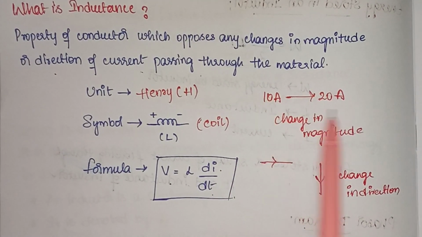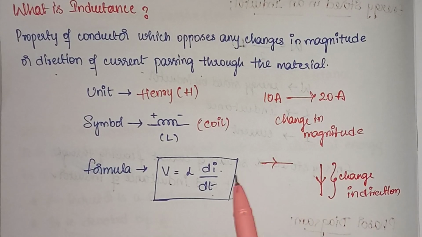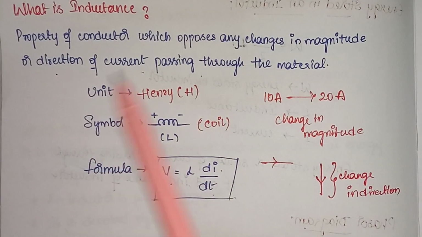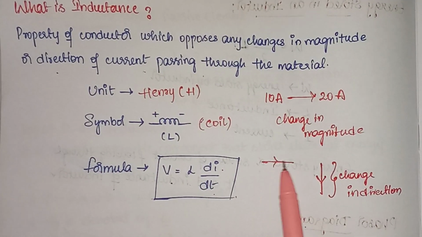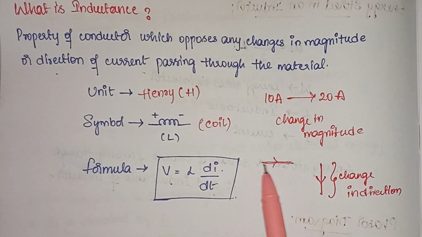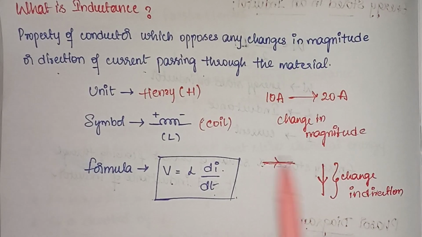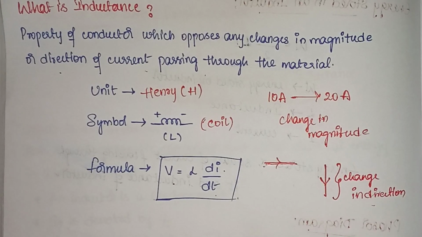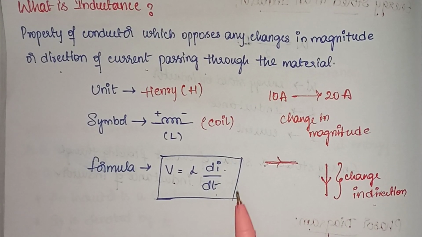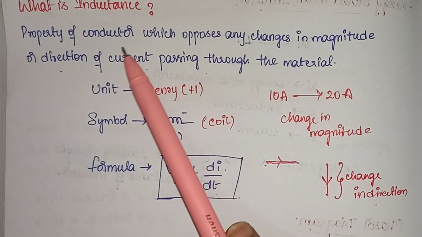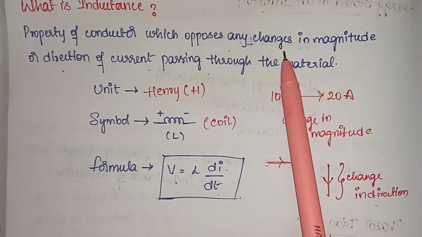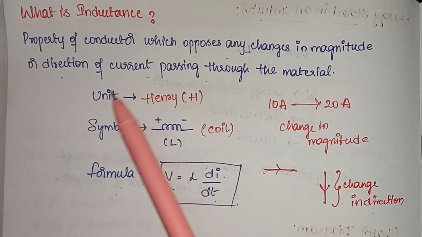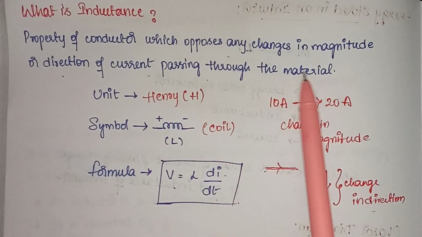So this particular change is called change in magnitude. And what is meant by change in direction? Suppose my given 10 amperes of current is flowing in this particular direction and suddenly it changed to this direction. This is called change in direction.